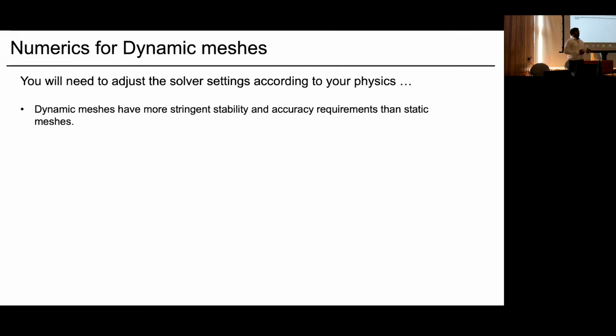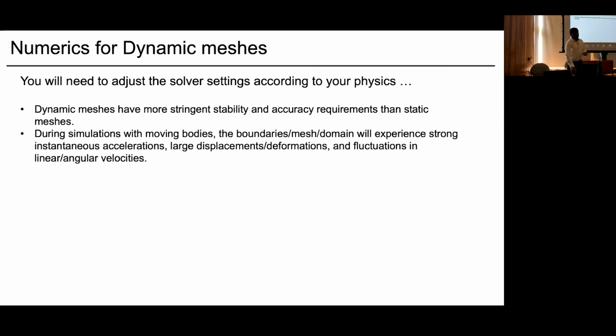Because when my mesh is moving, especially for mesh morphing, the cell volume and shape of the cell change, which sometimes gives rise to a local change of the CFL criteria for the schemes. So we have to take care of this depending on what type of mesh motion I am going to implement.